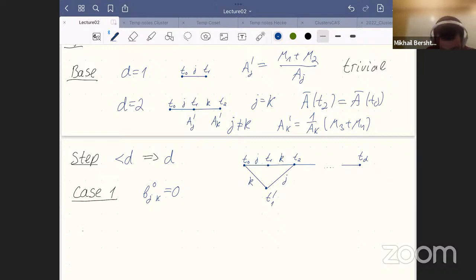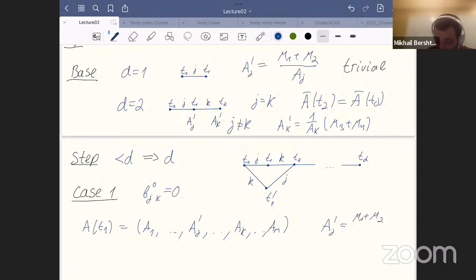The set of variables for T1 is the original set of variables, but after mutation at G we have a new J variable. K is the same. And this J variable is equal to some sum of two monomials over AG.